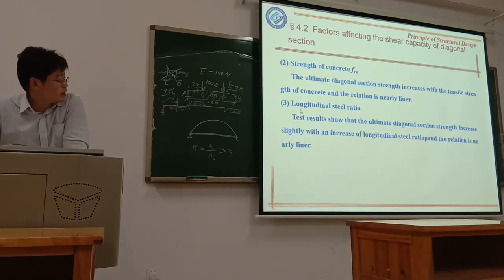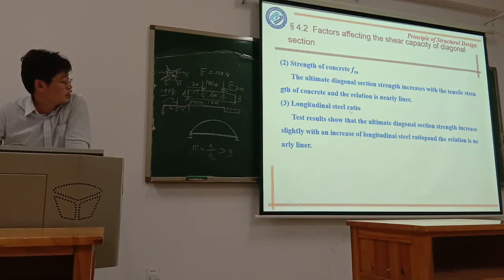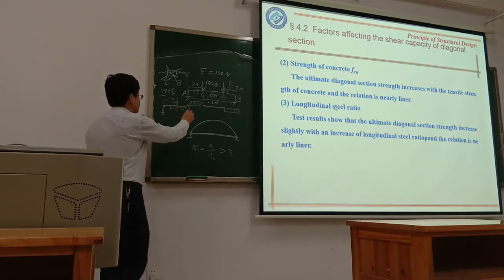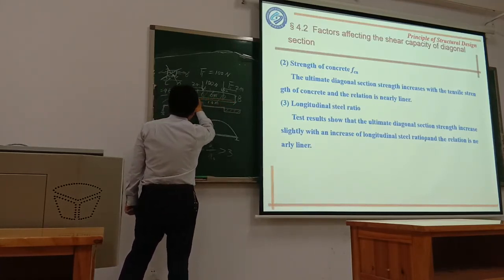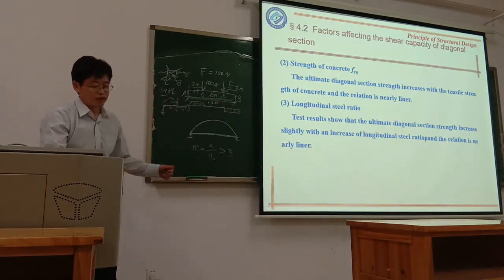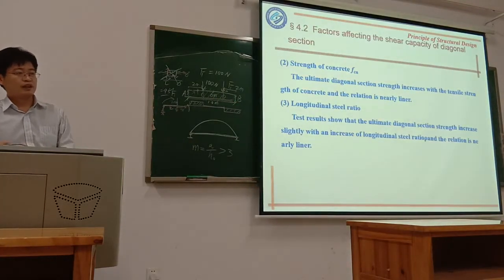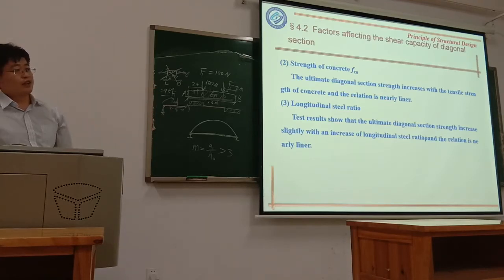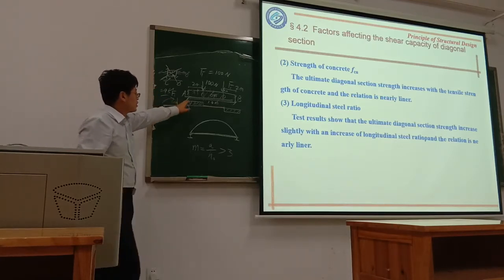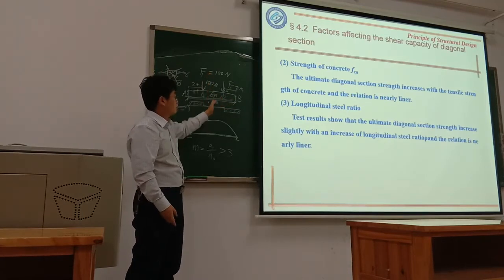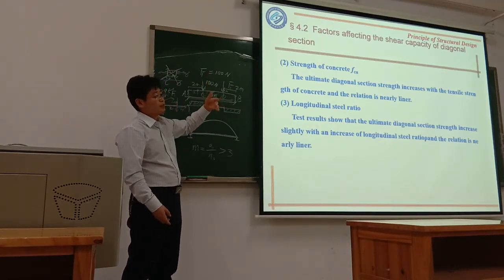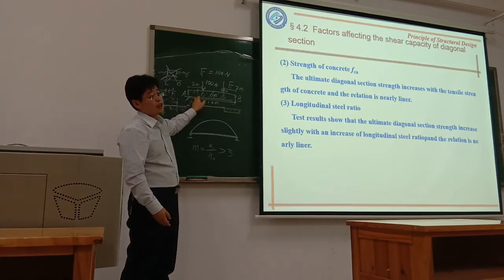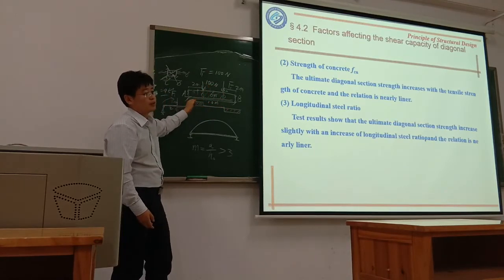Also, another factor is the longitudinal steel ratio. Longitudinal steel ratio, the ratio of the longitudinal reinforcement in the beam at the bottom. Of course, we design this reinforcement normally for the normal section to bear the bending moment, but it can also bear some of the shear force in this oblique section.